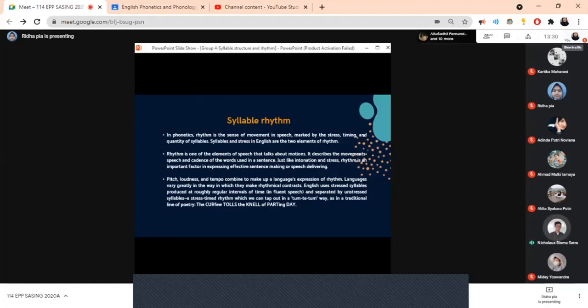It describes the movement, speech, and cadence of the words used in a sentence. Just like intonation and stress, rhythm is an important factor in effective sentence making or speech delivery. Pitch, loudness, and tempo combine to make up a language's expression of rhythm.